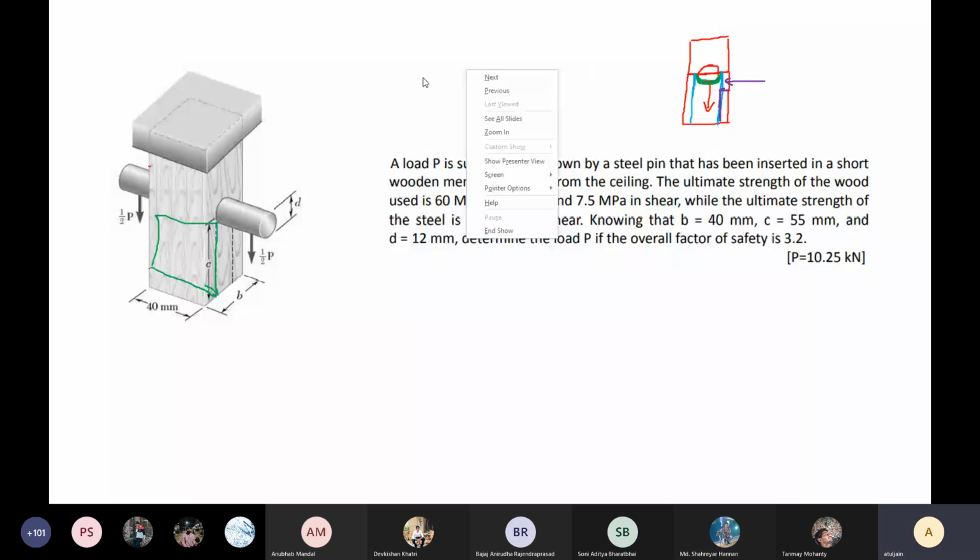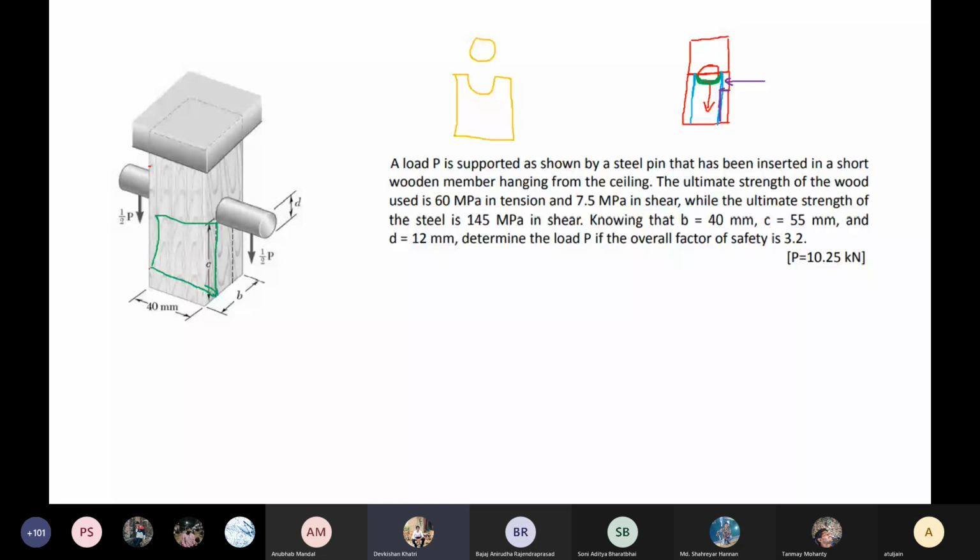I'm saying that below the hood, this is what my section looks like, and we are saying that something like this. So we are taking this area.